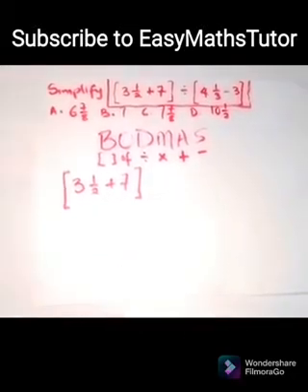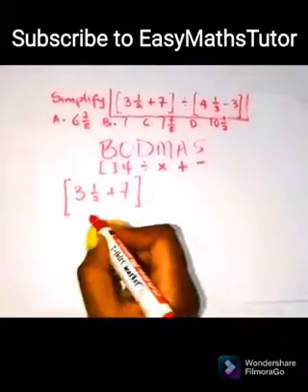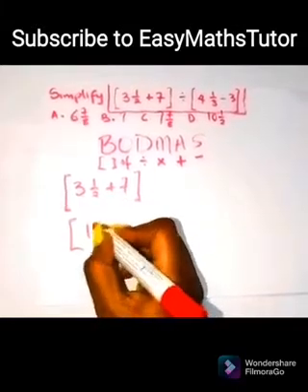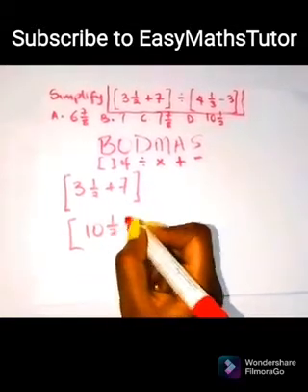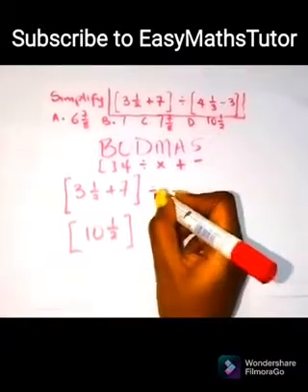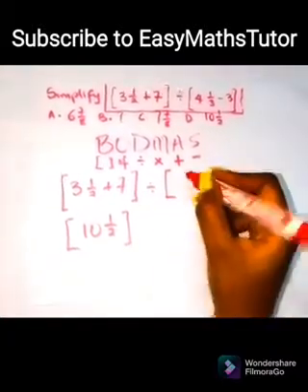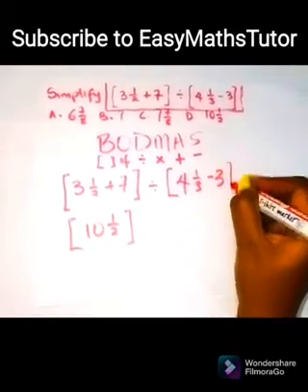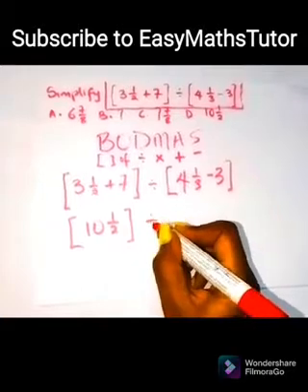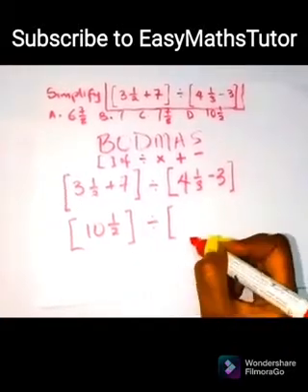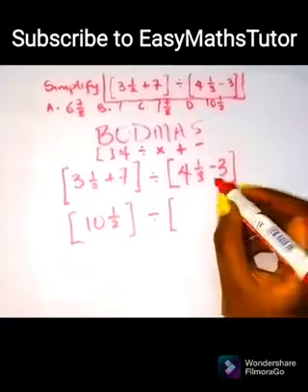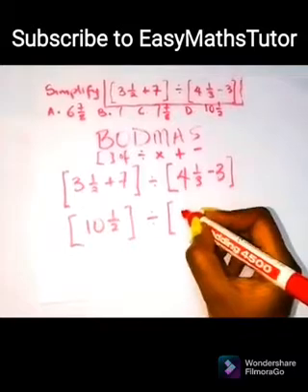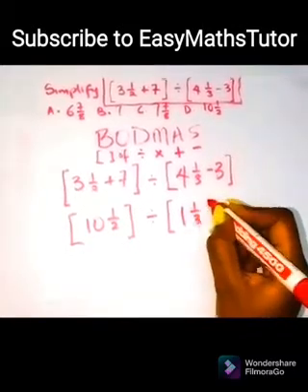So we have 2 whole numbers, so it will simply be 7 plus 3, which is 10 and a half. So we'll solve the other bracket, which is 4 whole number 1 over 3 minus 3. So we'll bring it down, we'll write the division sign, bring it down. We have 2 whole numbers, right? 4 minus 3 gives us 1 all over 3.